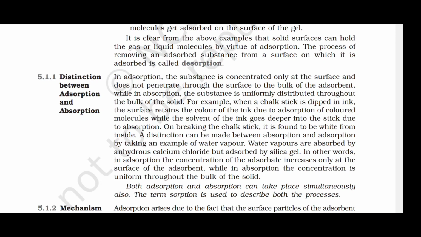In other words, in adsorption, the concentration of the adsorbate increases only at the surface of the adsorbent, while in absorption, the concentration is uniform throughout the bulk of the solid. Both adsorption and absorption can take place simultaneously also. The term sorption is used to describe both the processes.